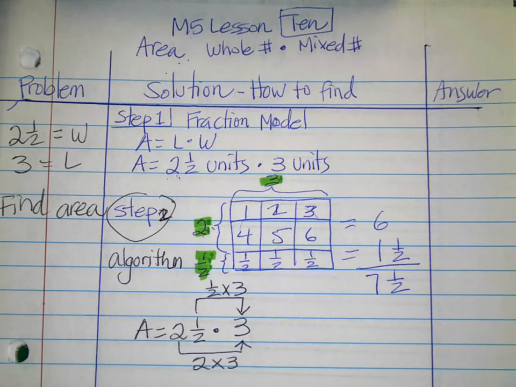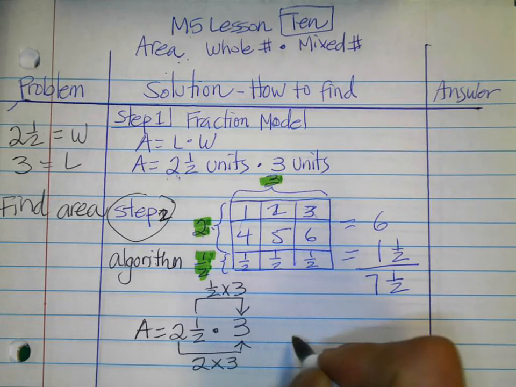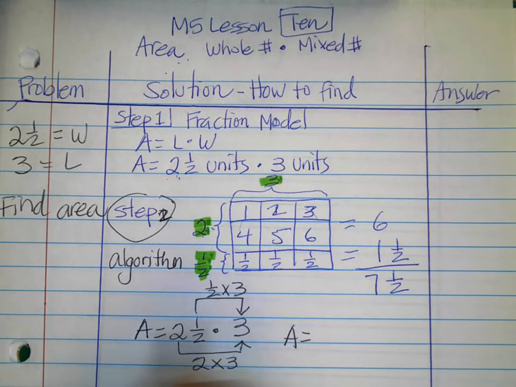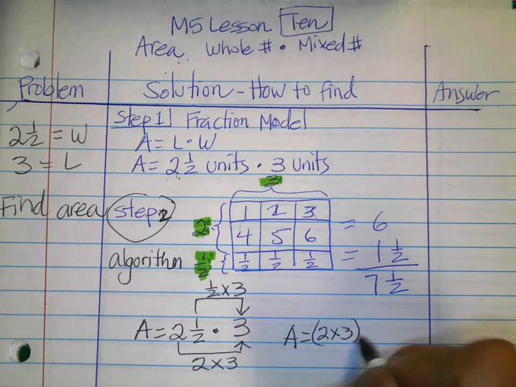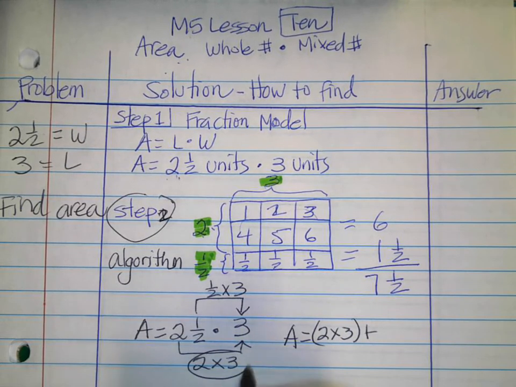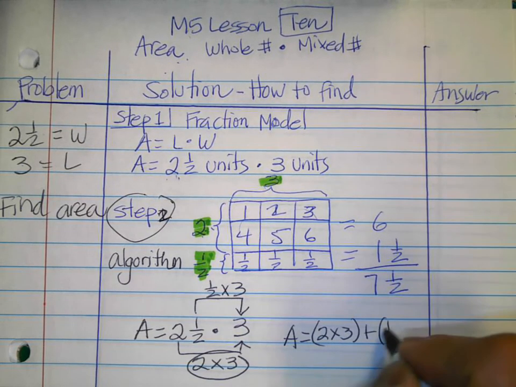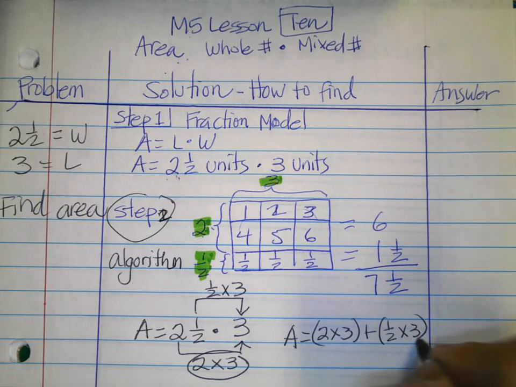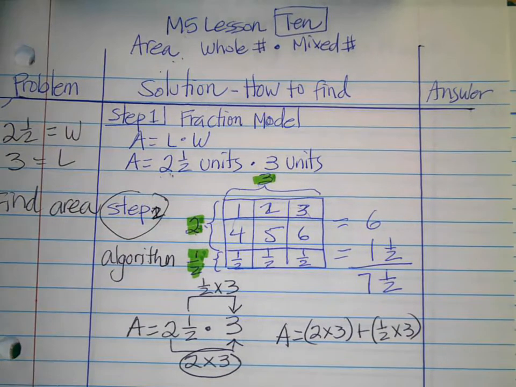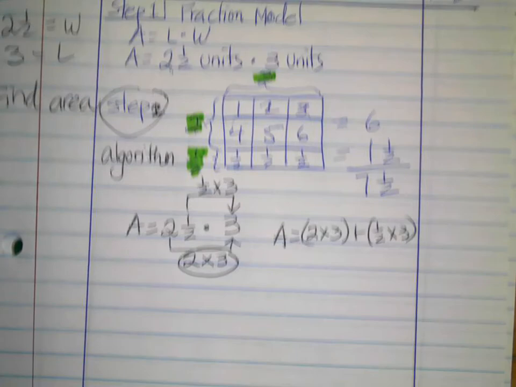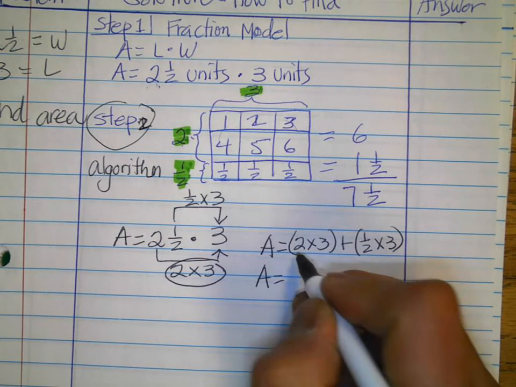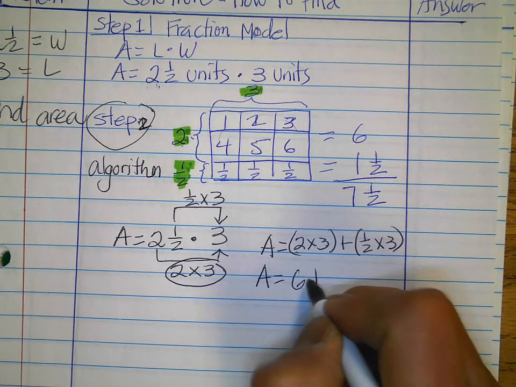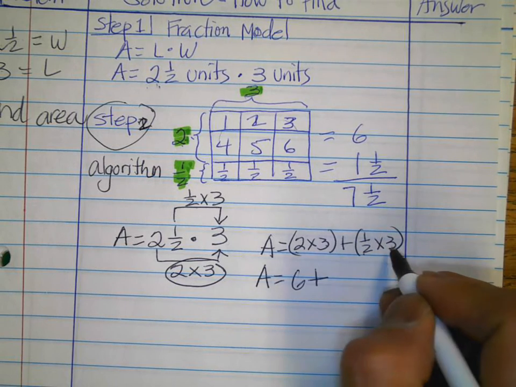So now we can solve. Area equals, the first multiplication is going to be 2 times 3 plus 1/2 times 3. And if you set it up this way, I can assure you that success will follow you anywhere you go. So area equals 2 times 3 equals 6 plus 1/2 times 3.